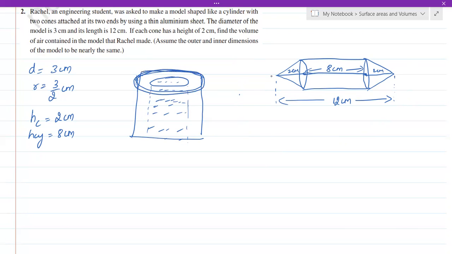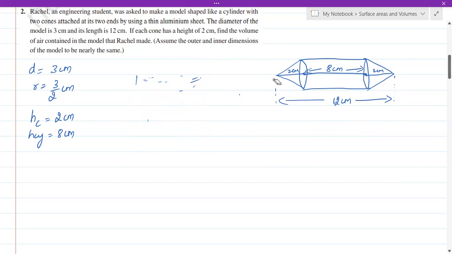Volume of outside cylinder will not give you the volume of water, because do we store water here? No, it's a material, right? All these are material. What is the volume of water? That will be equal to the volume of the smaller cylinder that is inside, because that is where the water is, isn't it? So you have to be very careful. Here the thickness is more, so you cannot consider the volume of the outer cylinder to be the volume of water. That is wrong. Whenever the thickness is very small, then you can consider the volume of the cylinder to be equal to the volume of the water. The volume of the model will be equal to the volume of air contained.